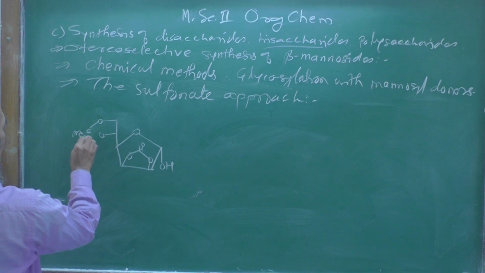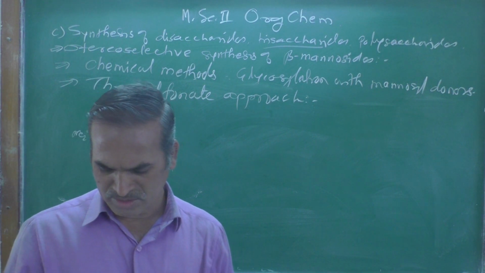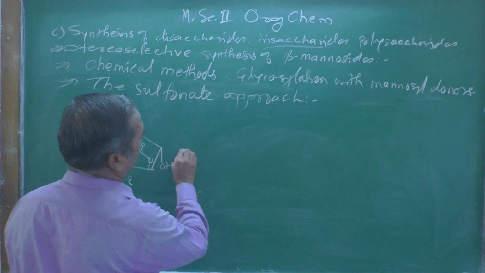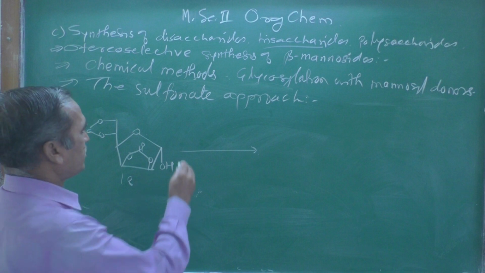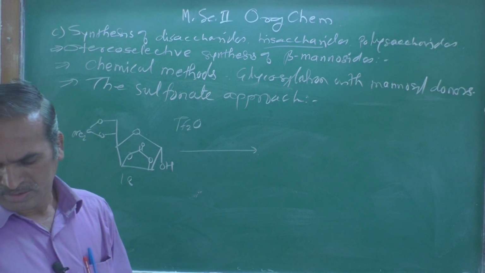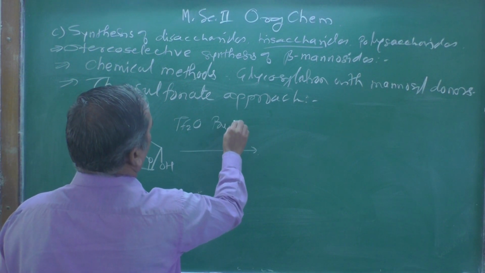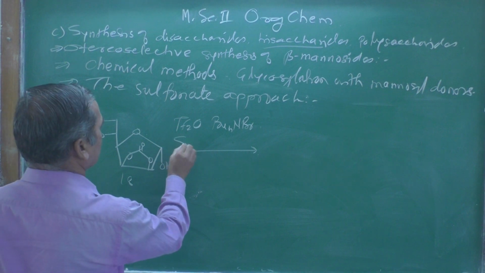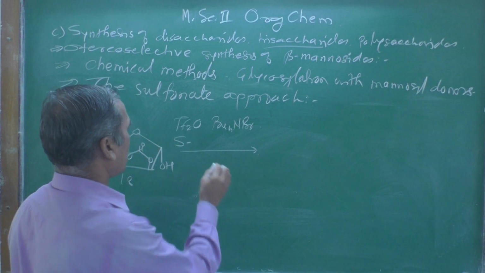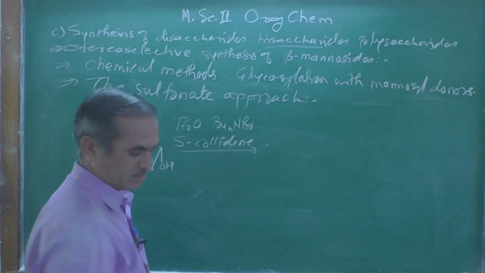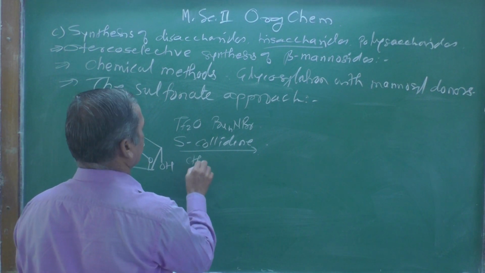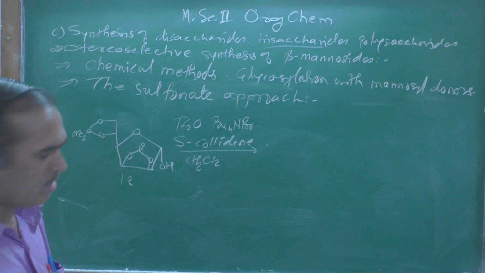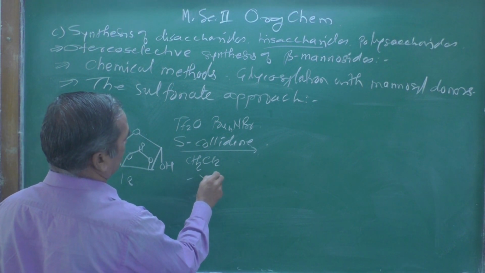This is structure number 18, and this structure number 18 will be treated with Tf2O and Bu4NBr, that is tetrabutylammonium bromide, and collidine. These are the reagents, and they carry out the reaction in the presence of CH2Cl2, dichloromethane, at -70 degrees centigrade.